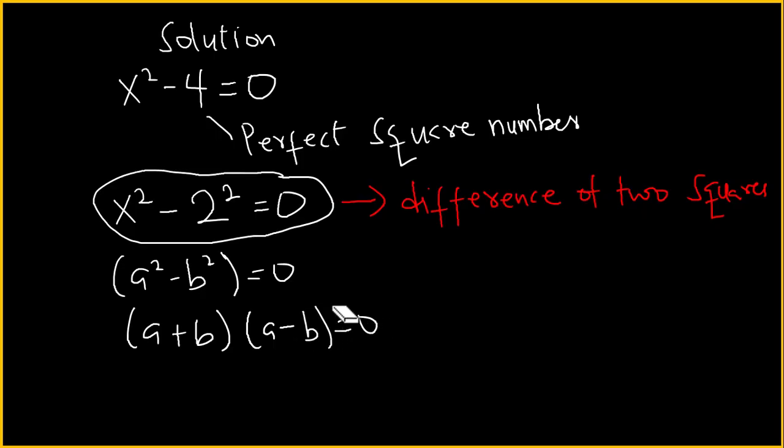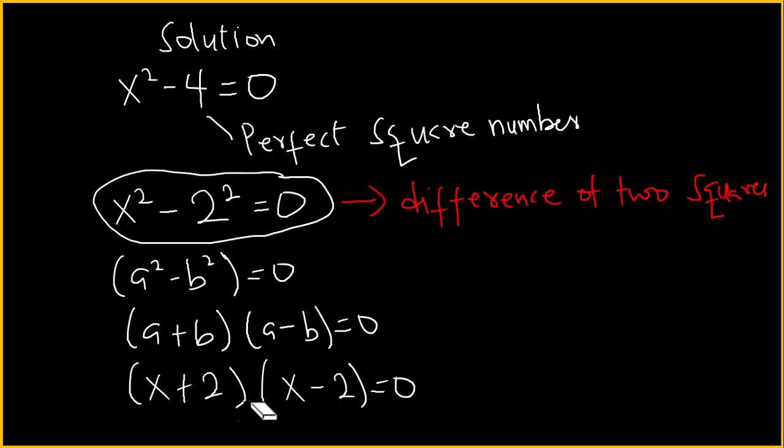So we are going to write our expression x squared minus 2 squared in separate brackets. So we have our x plus 2. The second bracket also takes x minus 2 equals 0, and this leads us to the factorization, which was the first approach, the first type.